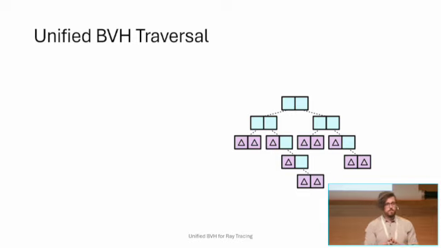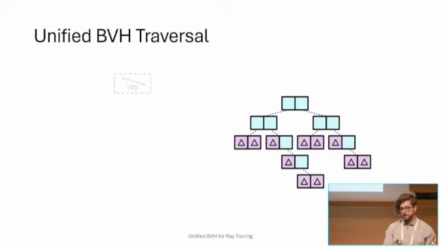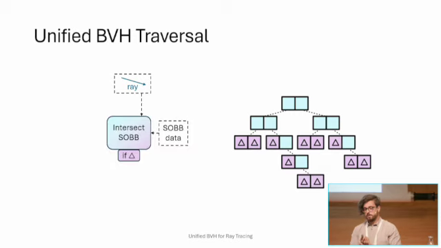And with this approach, we can represent the leaf nodes in this way. We have SOBBs, and the internal nodes are also SOBBs, built in a fashion we introduced in previous work. So let's revisit the traversal loop now. For a given ray, we fetch the SOBB data and we intersect the SOBB. In case it's a triangle, we do a little bit more computation: we compute the inequalities I just introduced to you.